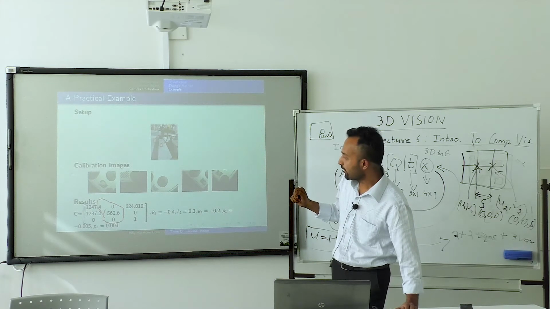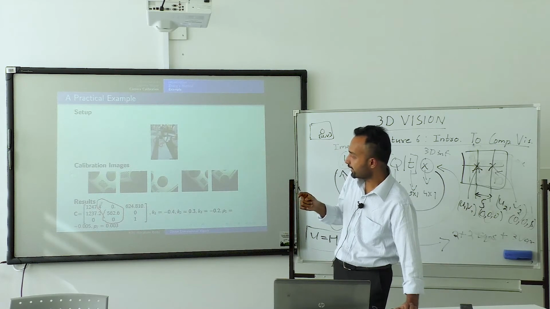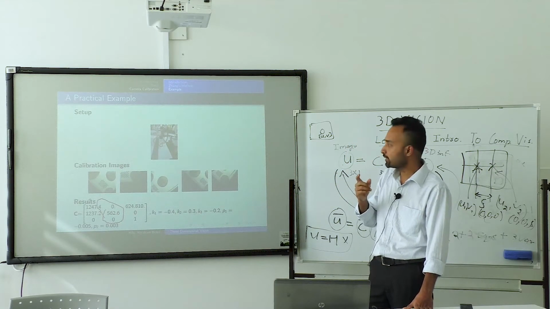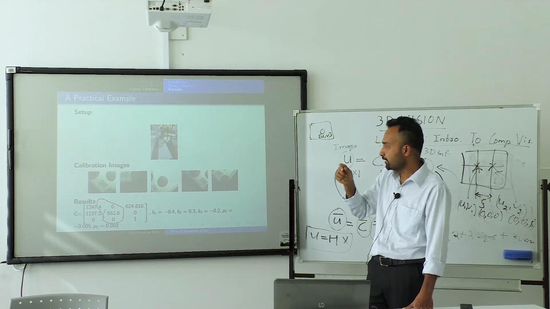And Fx and Fy are the focal length as well as scaling along X and Y direction. These will be approximately equal because most of the commercially manufactured cameras will have uniform scaling across X and Y direction.